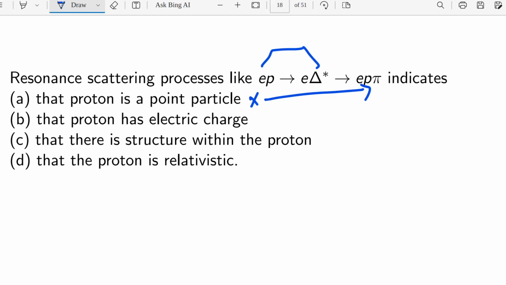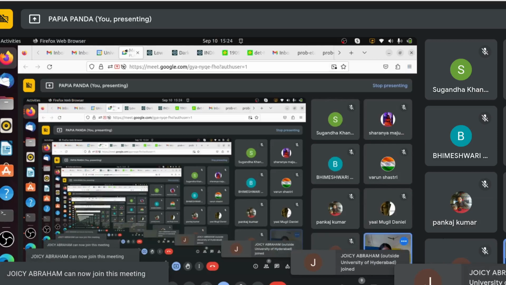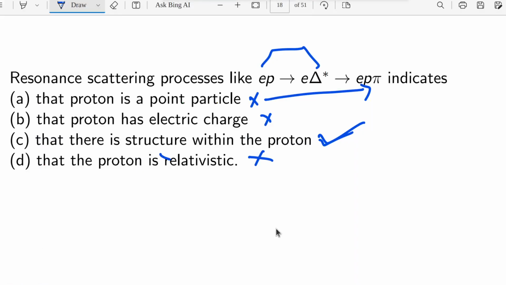But from this process we can definitely conclude that there is structure within the proton. And obviously from this point of view we can't say whether proton is a relativistic particle or not. So the correct answer will be C, that inside the proton there is something. Okay, so inside the proton there is some structure.